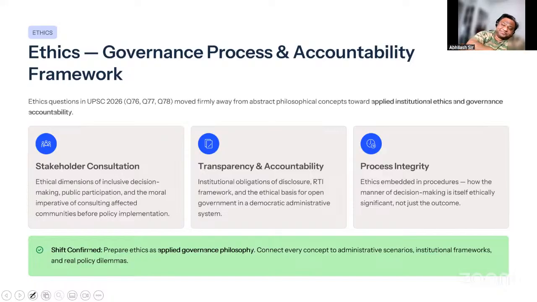Now this is the ethical dimension, that it is about awareness about governance and part of it. If you don't know, you will get it wrong, but if you are ethically wrong, then your position in the civil services is usually stuck, you cannot move ahead. So better, when you prepare for PSC, ethics is about understanding all the governance process and accountability framework.